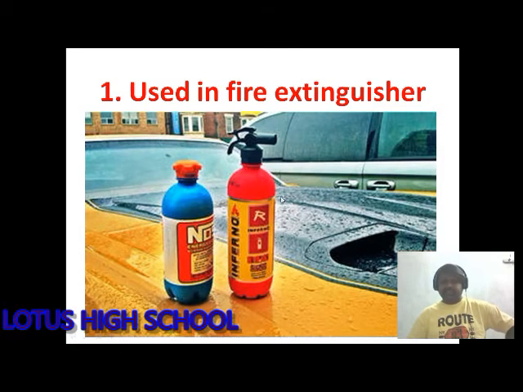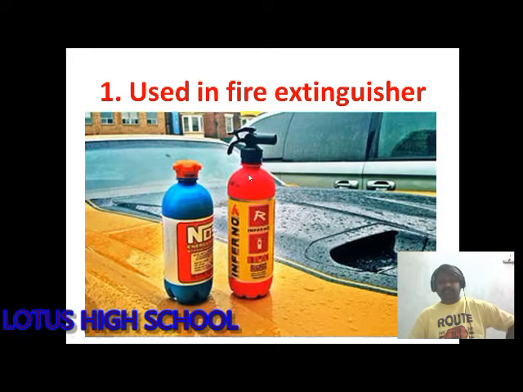This fire extinguisher is present in cars, buses, and the school campus, on the wall. This is known as a fire extinguisher, and the meaning of extinguisher is to stop the fire. In this fire extinguisher, sulfuric acid is present up, and down is baking soda, that is NaHCO3.